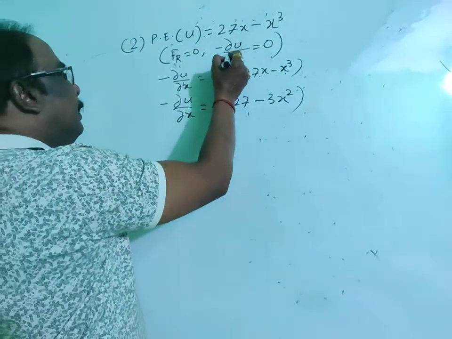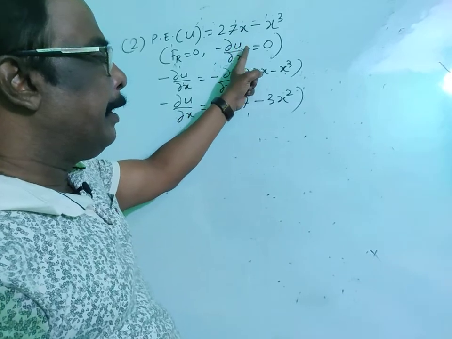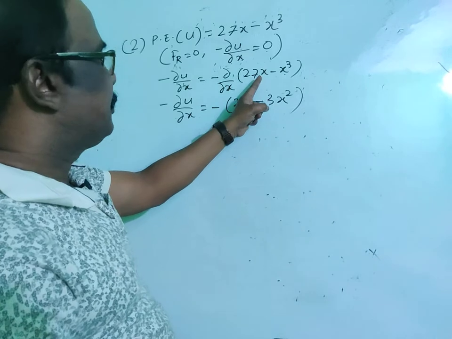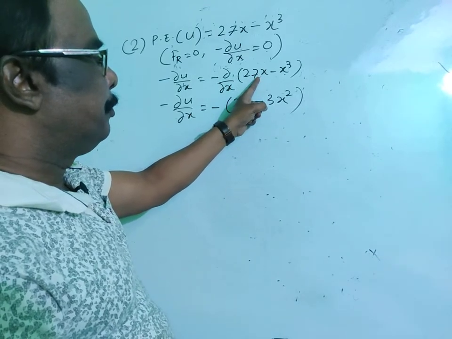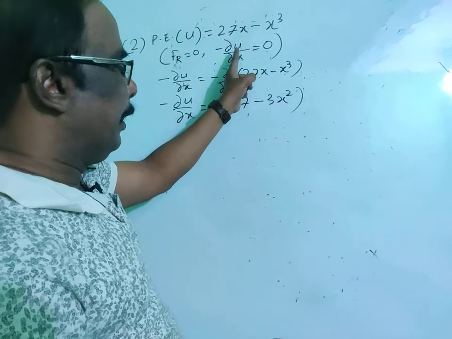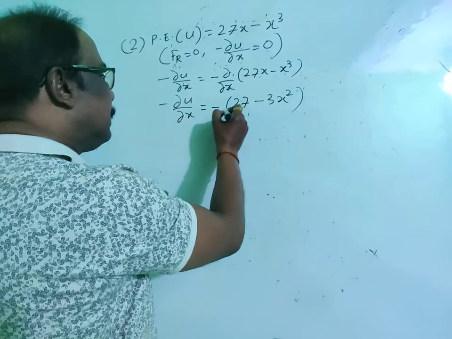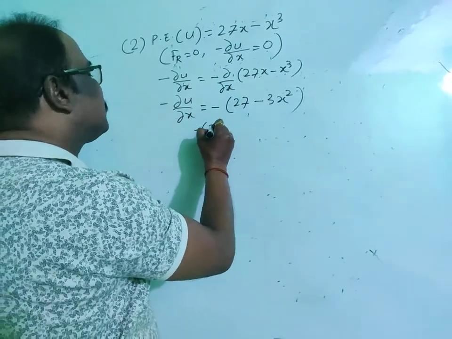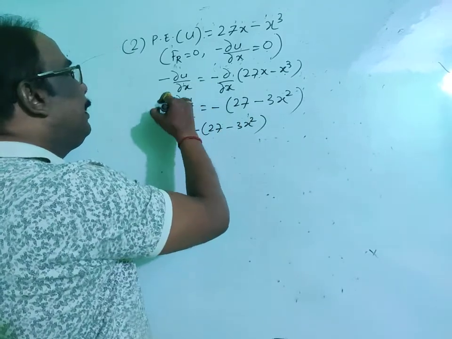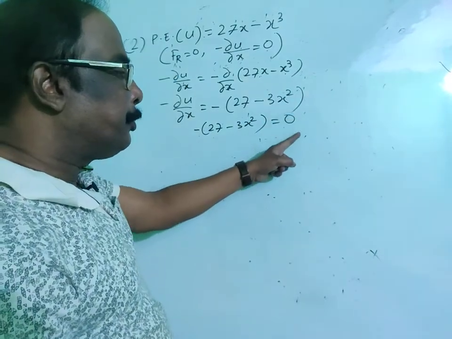Minus du by dx is 0, so we get minus (27 minus 3x square) is 0. Is it clear?